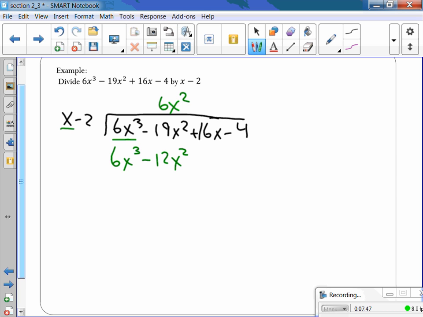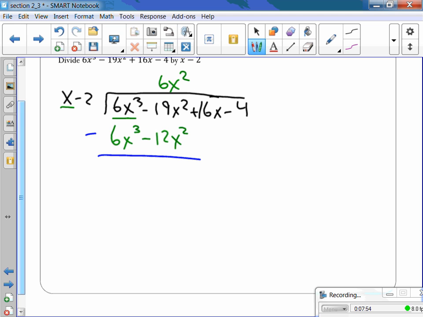So once we have that piece, what do we do next, Jamie? You subtract. Okay. Minus the plus, and you get 7x squared. Negative 7x squared plus 6x. Absolutely. Get that negative 7x squared. Drop down that next term, that plus 16x. Marissa? So now we want that x to look like negative 7x squared. Minus 7x.